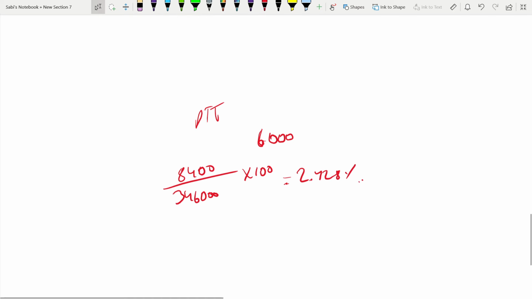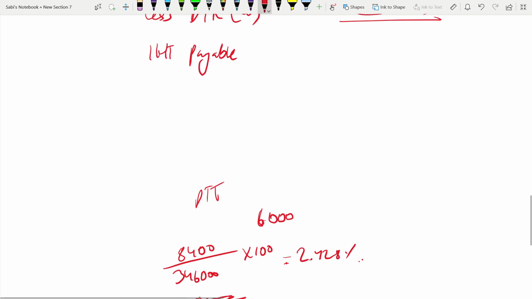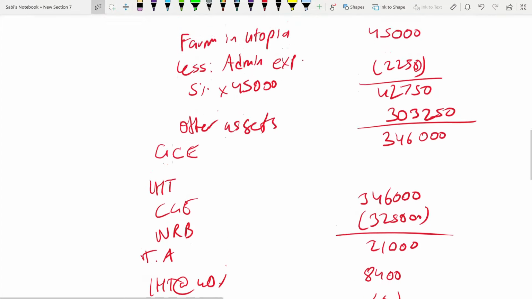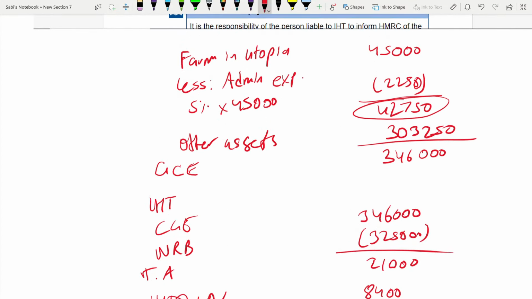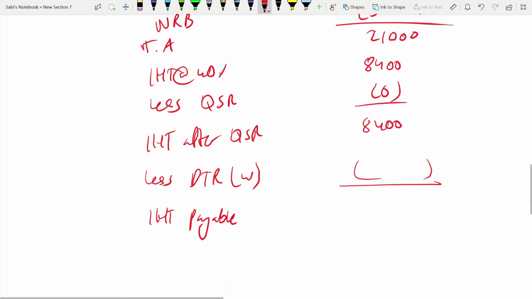So this percentage, 2.428% into overseas property. What is the value of overseas property? This amount, after you deduct the admin expense, 42,750, not 45,000, 42,750.